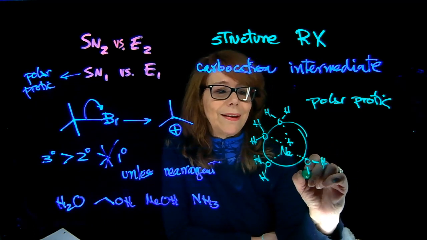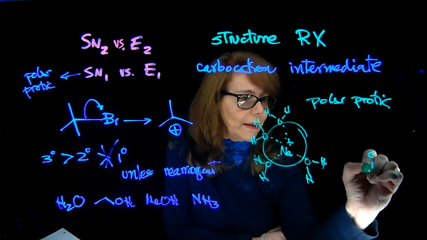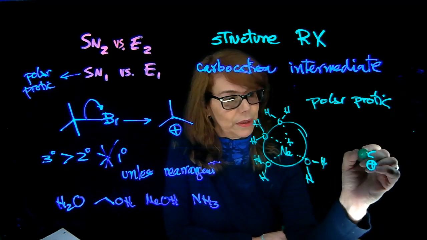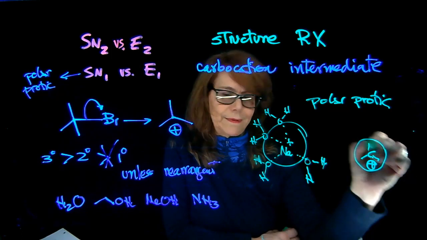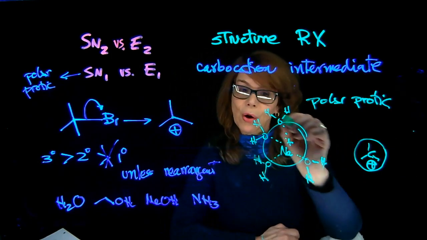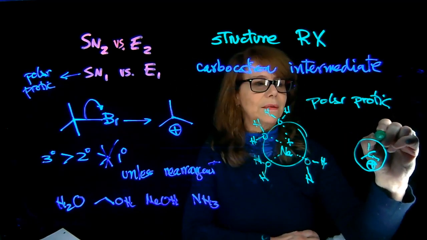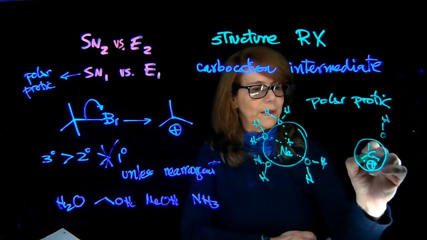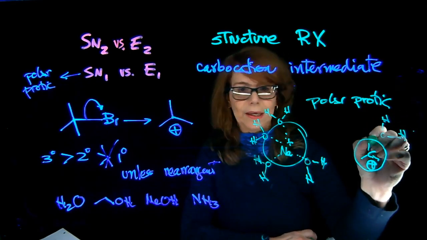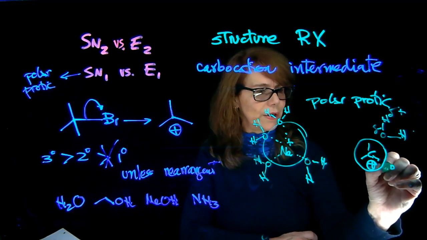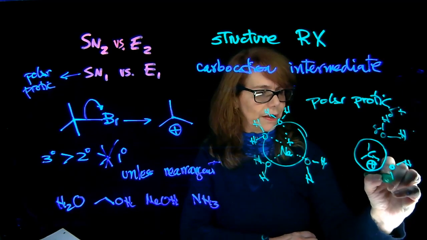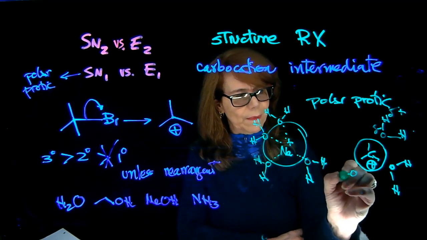But now here your intermediate is a carbocation. So you can draw a sphere similar to that where, since this is positive, the negative end of this dipole, delta negative, delta positive, points toward it. So you can have a solvation shell here.